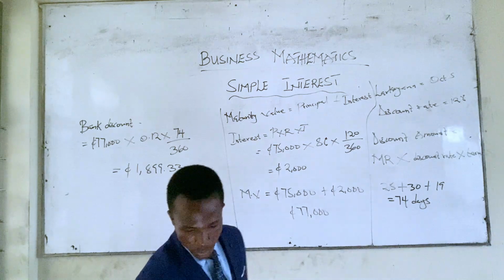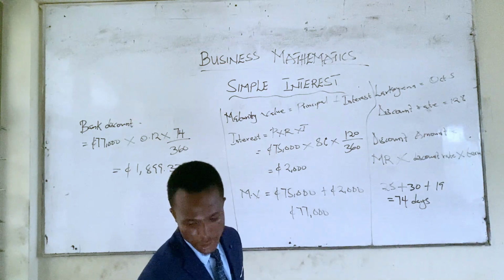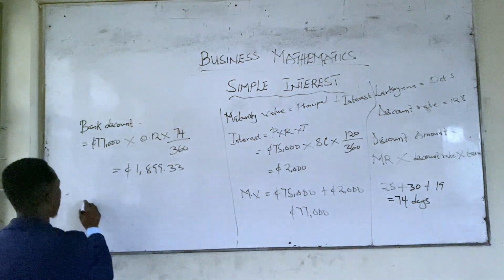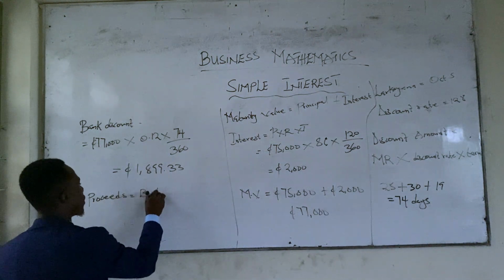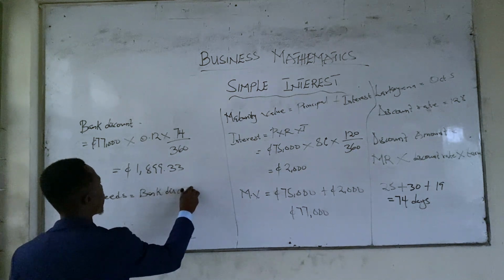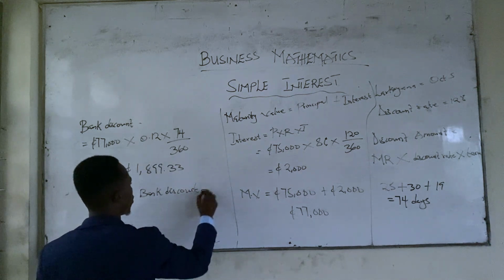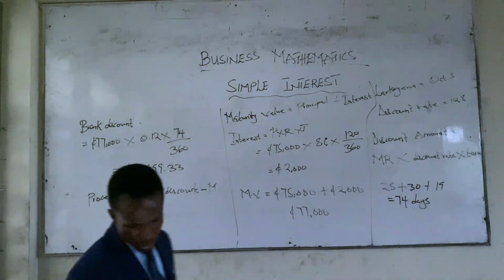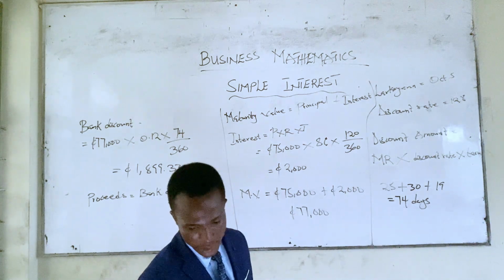Now the question also said to determine the discount amount, and now we are done. And they are asking for the proceeds. So for proceeds, you know, it is what? The proceeds is equal to your bank discount... no, bank discount minus, is it... it's rather maturity value minus bank discount.